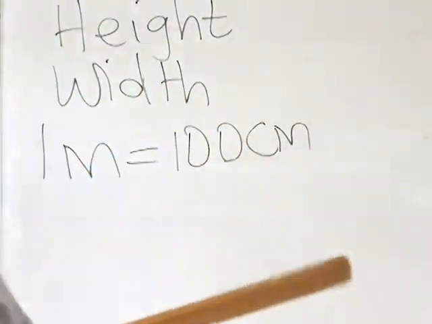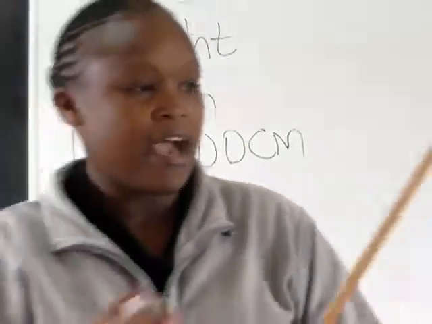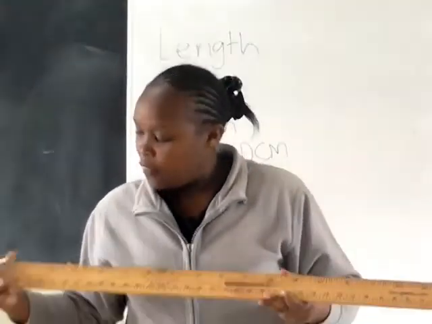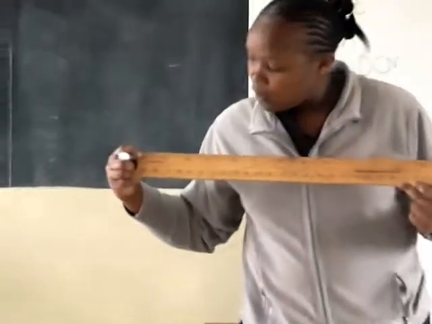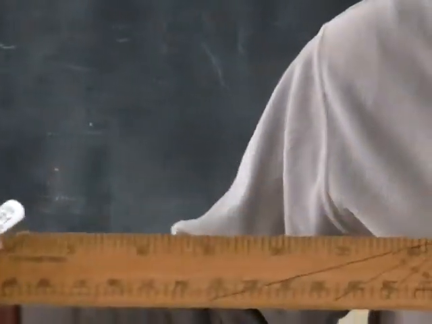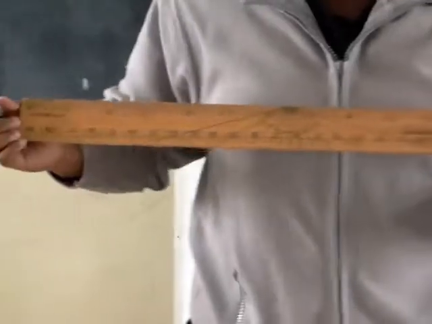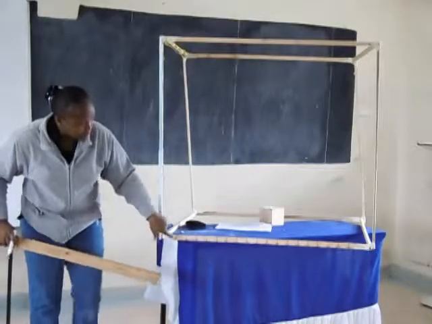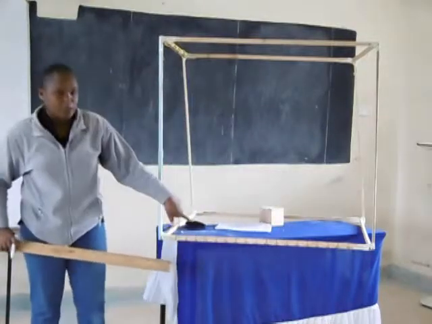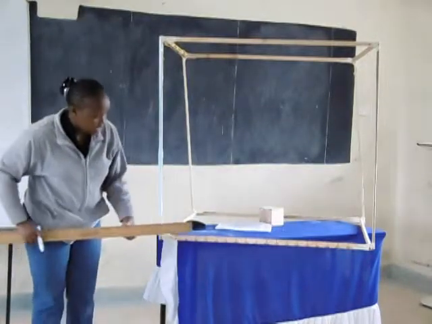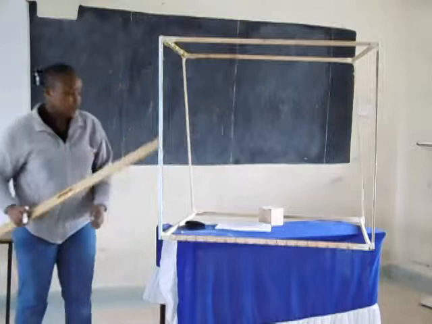If you look at our chalkboard ruler here, from this edge to the far end, we start from 0 to 100. And if you look here, we have the 1 centimeters. I have marked one of my sides on my cube and graduated it into centimeters.